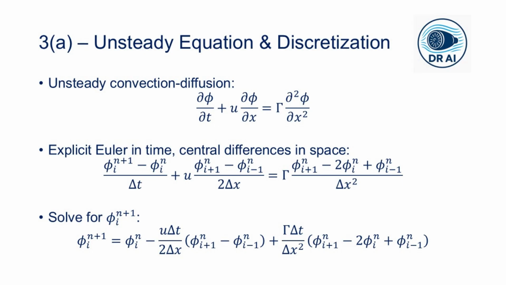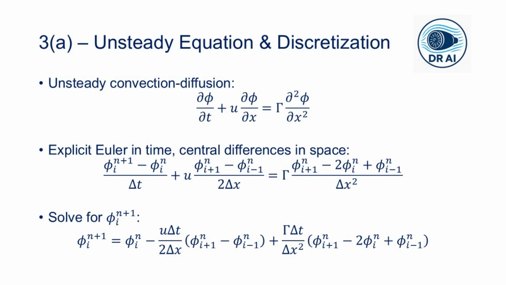The time derivative is approximated by a forward difference, and we keep the same central differences for the spatial derivatives, but now evaluated at the old time level n. This gives us an explicit formula for phi at the new time level n plus 1 in terms of the values at level n.